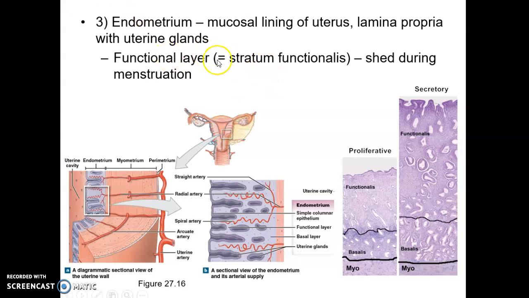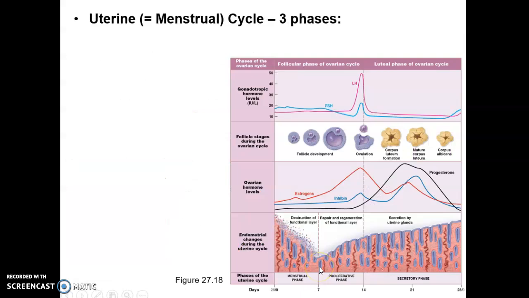The basal layer will regenerate the functional layer during the ovarian, uterine, or menstrual cycle, which has 3 phases.